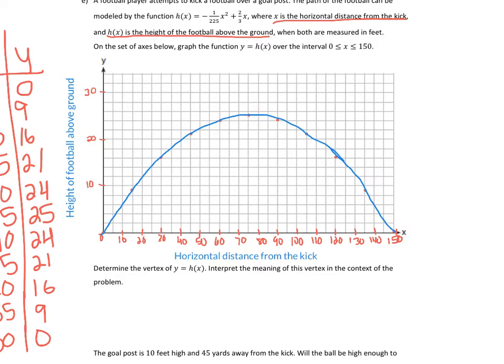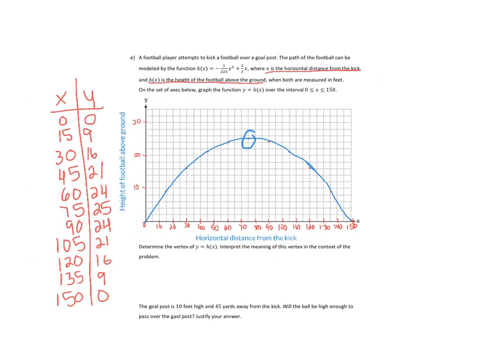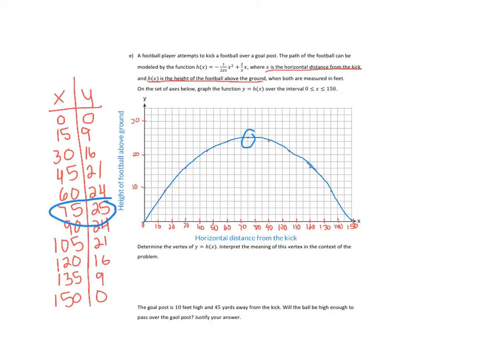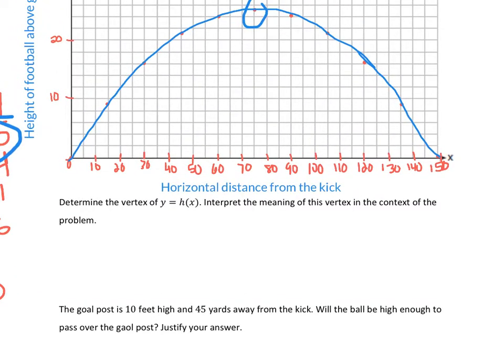So our vertex is our turning point. Our turning point happens here. Remember, it's also shown in our table here. So our vertex is 75, 25. And let's talk about what this means. Remember, 75, the x value, is the horizontal distance from the kick, and 25 is the height the football is above ground.